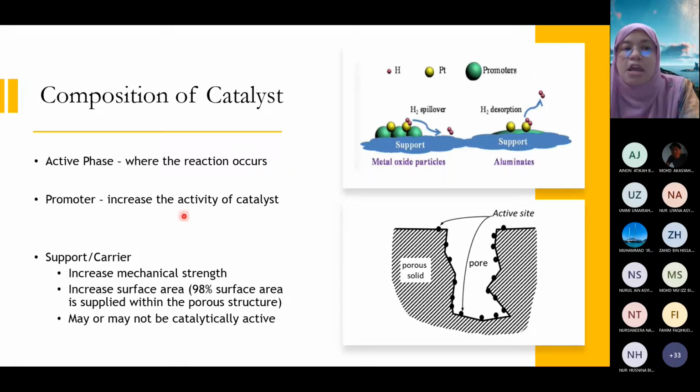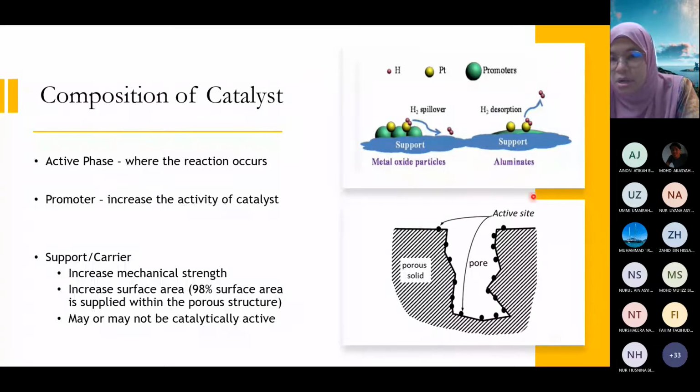The promoter increases the activity of the catalyst. Then, as a support or carrier, it increases the mechanical strength and the surface area where the reaction can occur, and may or may not be catalytically active. So not every part of your catalyst is an active site. It has active sites and non-active sites.